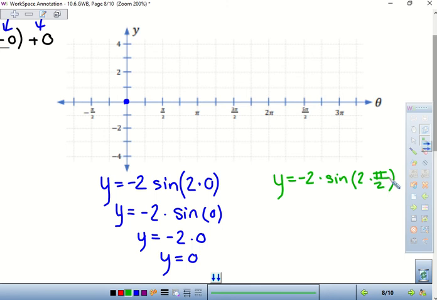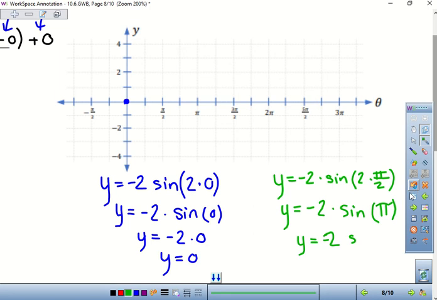What's 2 times pi over 2? Well, that just becomes 2 pi over 2, which just becomes what? Pi. Anybody remember what sine of pi is? It's just 0. So this one also comes out to be 0.